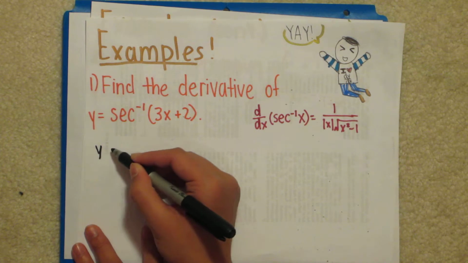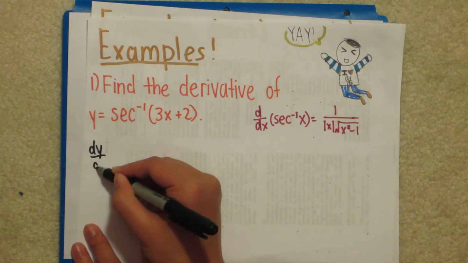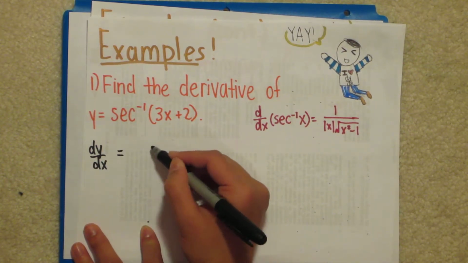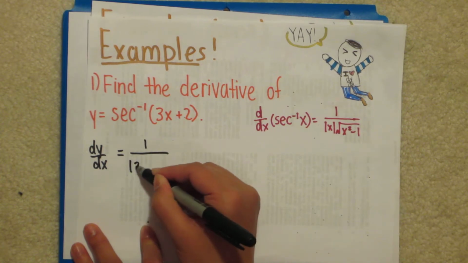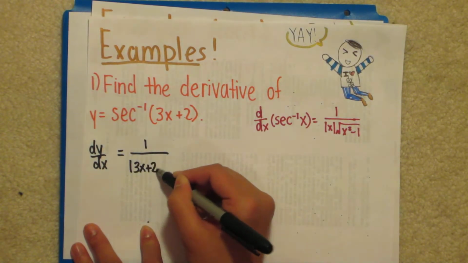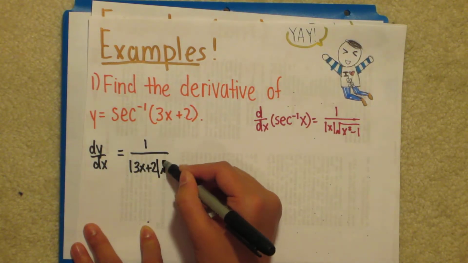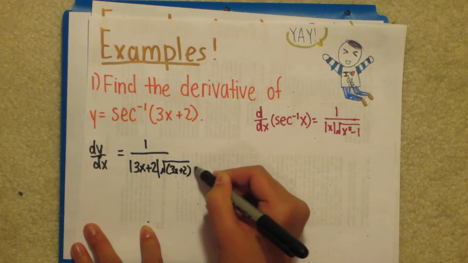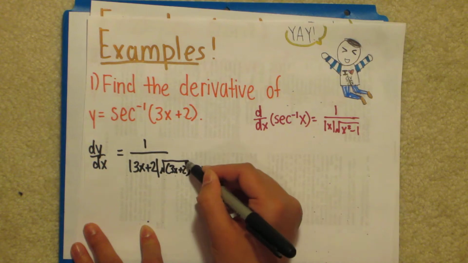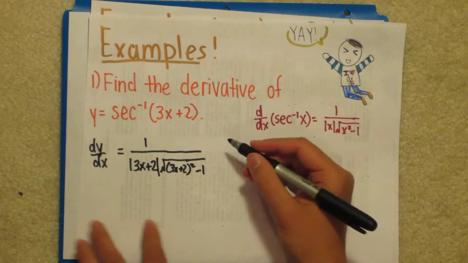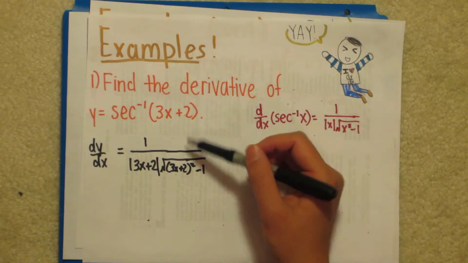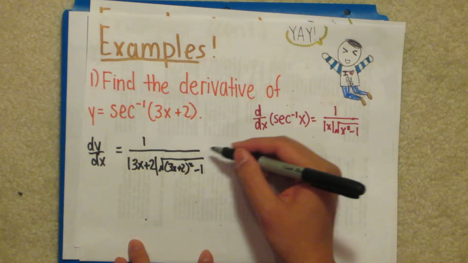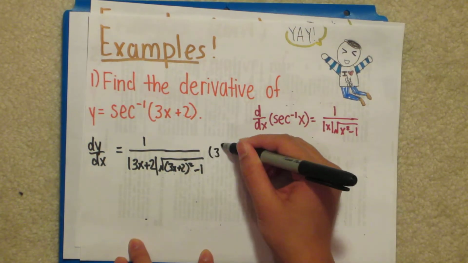So dy over dx equals 1 over 3x plus 2 times the square root of 3x plus 2 squared minus 1. And since you have to use chain rule because of the 3x plus 2, that would be 3.